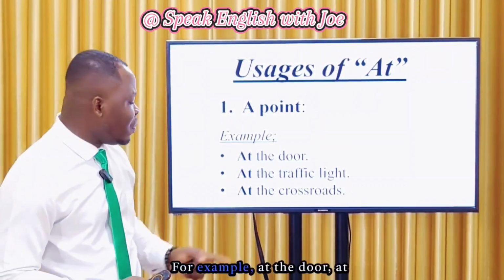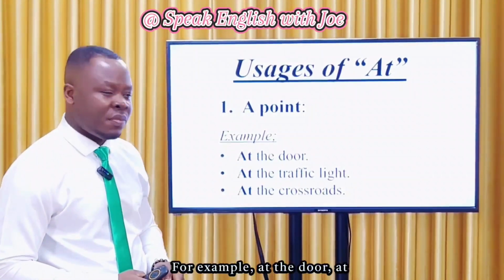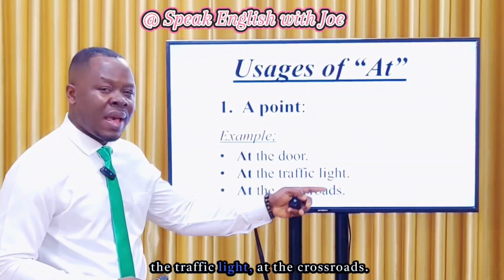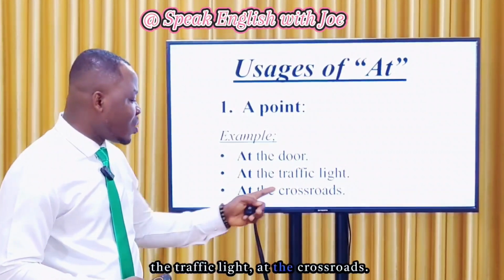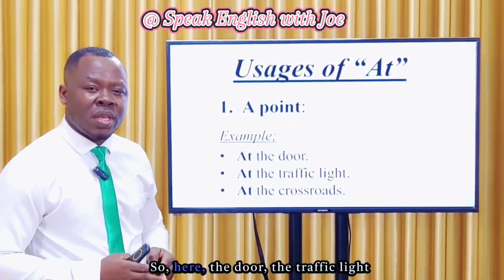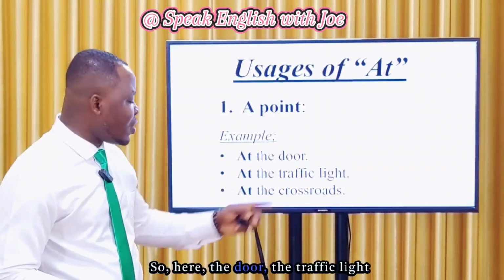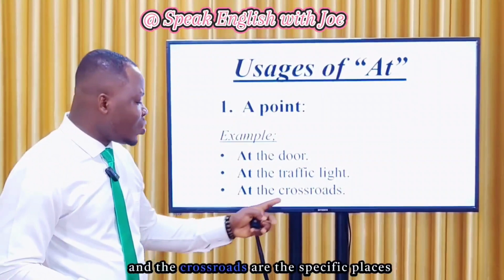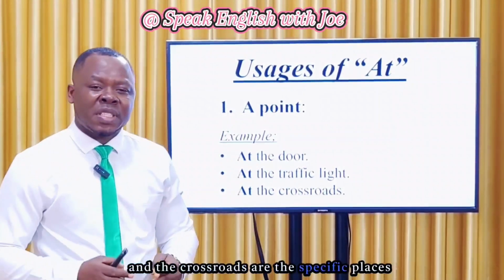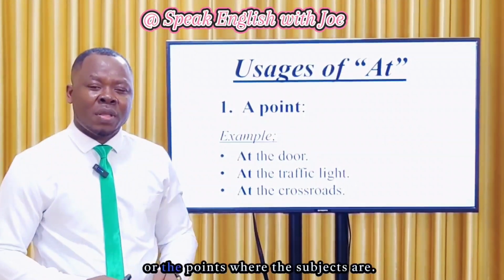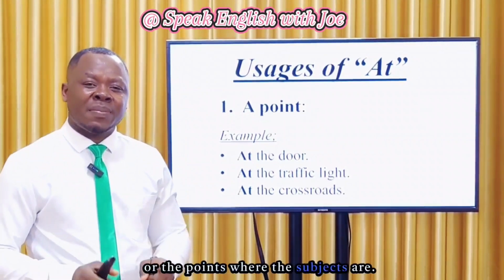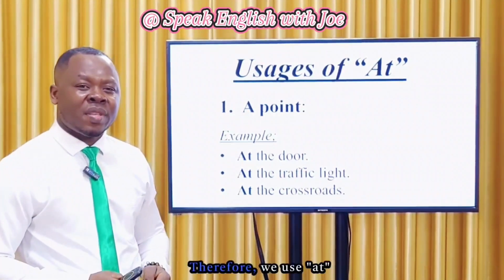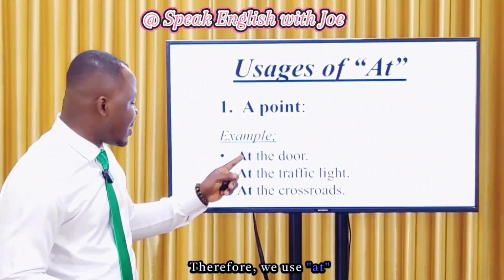For example, at the door, at the traffic light, at the crossroads. So here, the door, the traffic light, and the crossroads are the specific places or the points where the subjects are. Therefore, we use at.